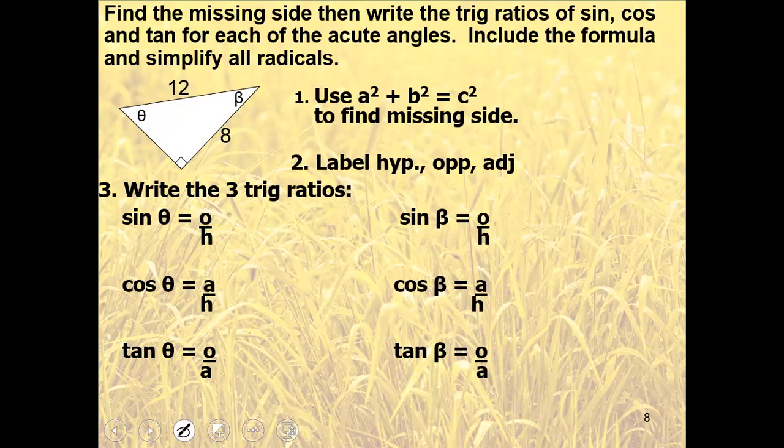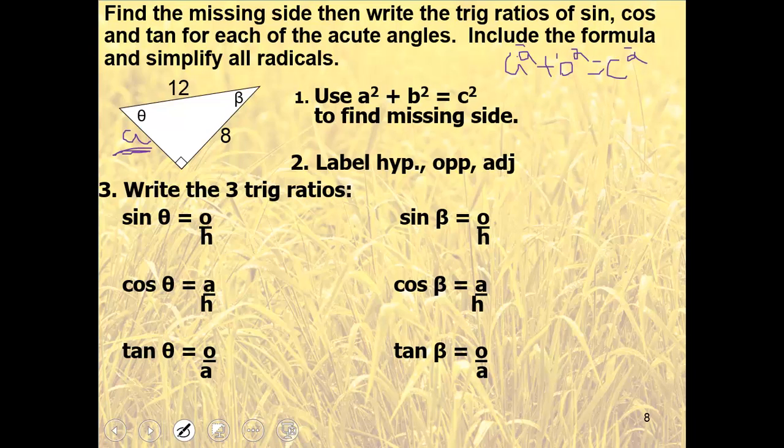Let's try one more where we have to find the length of a leg or the hypotenuse. So we're missing a side here. We need to find this. Let's just call this A for right now. Not A for adjacent, but A for a leg. So we're going to have A squared plus B squared equals C squared.